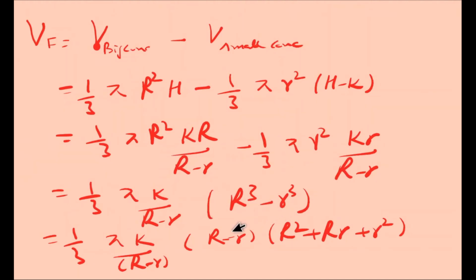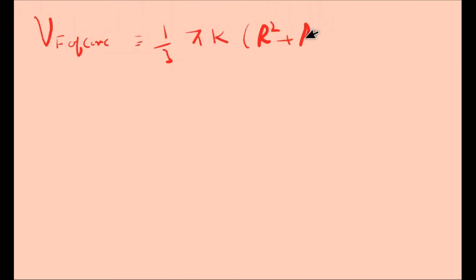So now this cancels out, right? What is the formula left? Volume of the frustum of cone equals 1 by 3 pi k into R square plus Rr plus r square.